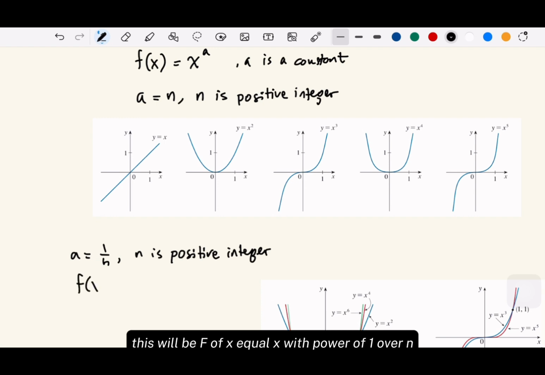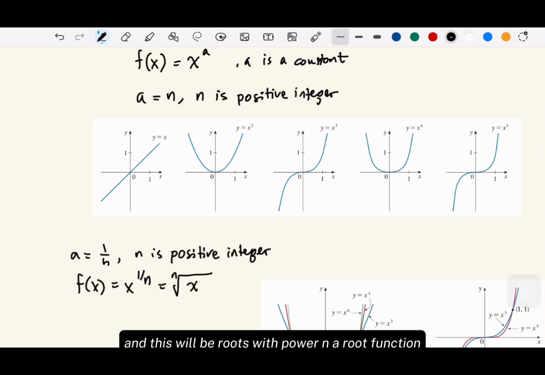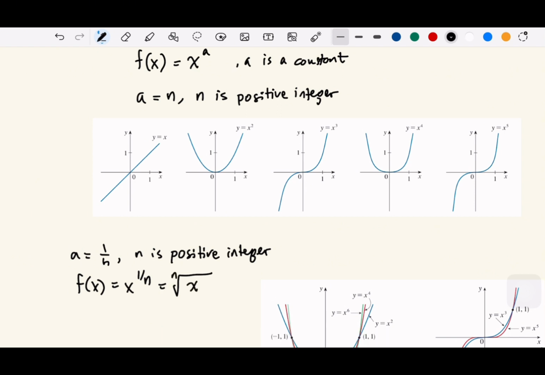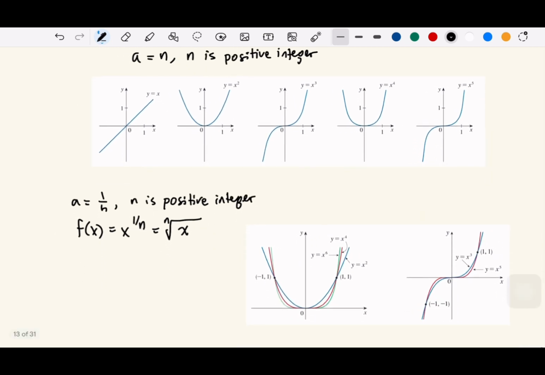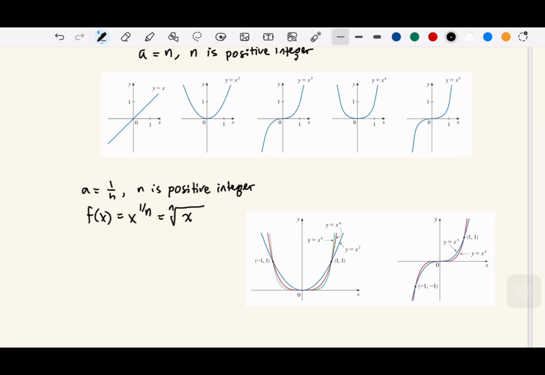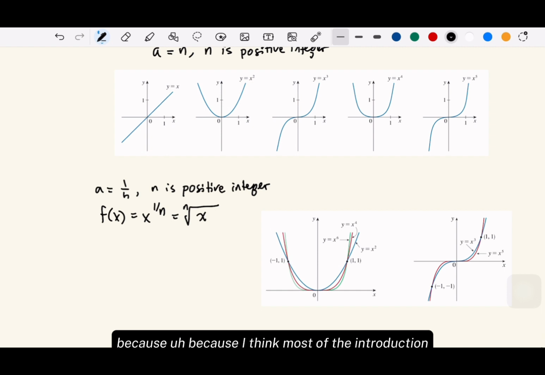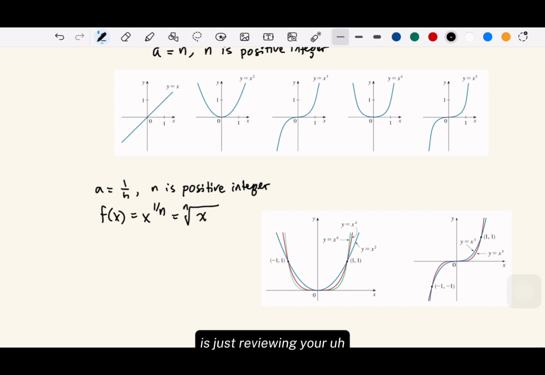This will be f of x equal x with power of 1 over n, and this will be roots with power n, a root function. I think since it is introduction, you could just take notes that you think are important, because most of the introduction is just reviewing your basic mathematics.